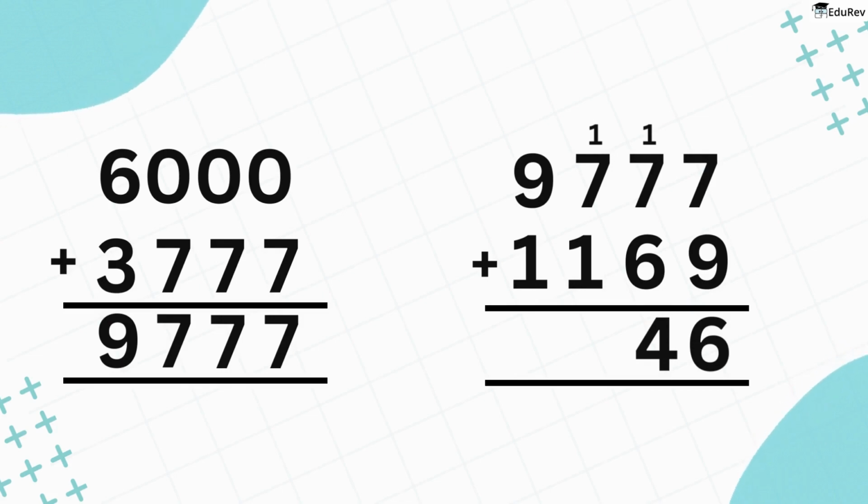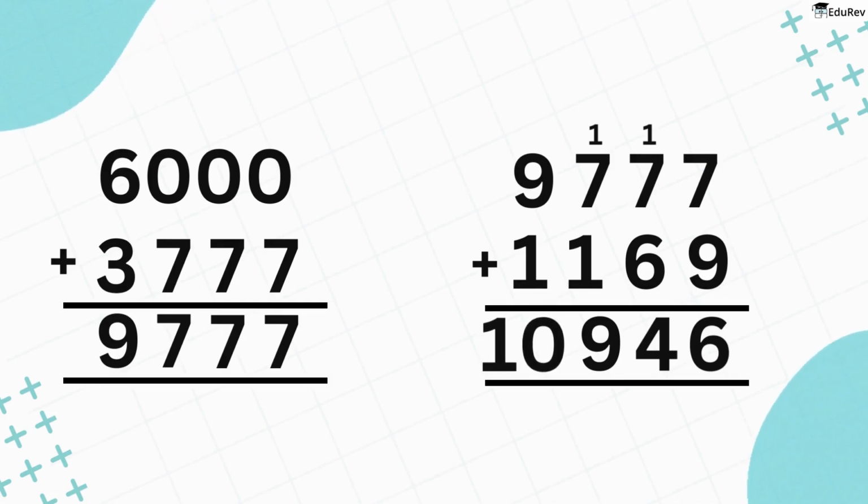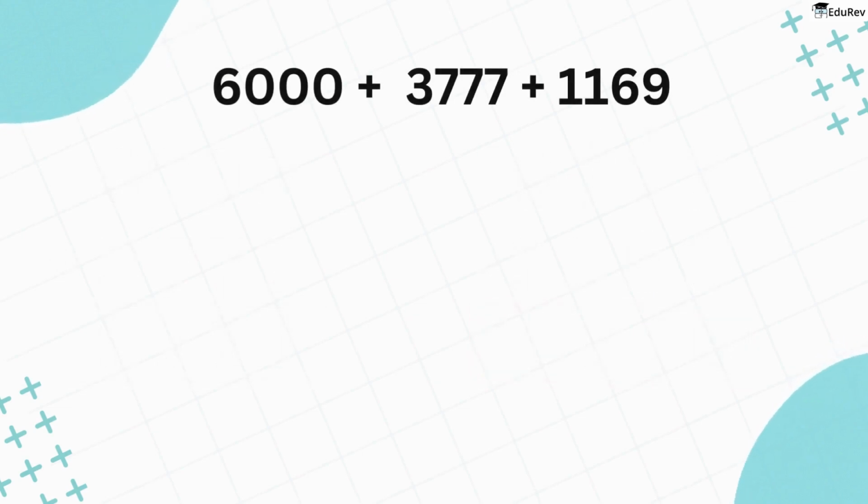Moving on, we add 7, 1 and carried over 1. We get 9. Finally, we add 9 plus 1, that gives us 10. Since we have no numbers left, so we cannot carry over any number, we write 10 as it is. The answer is 10946.